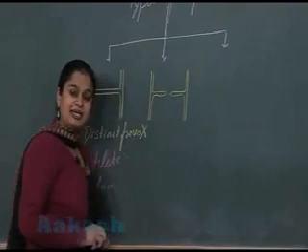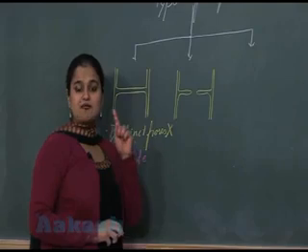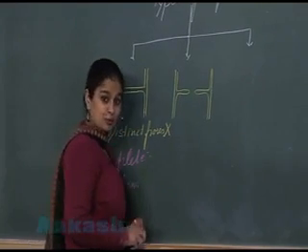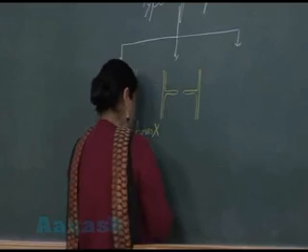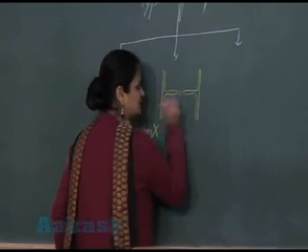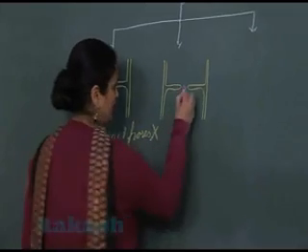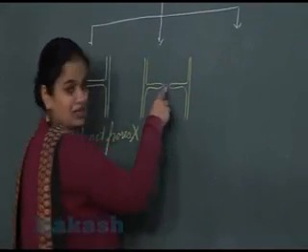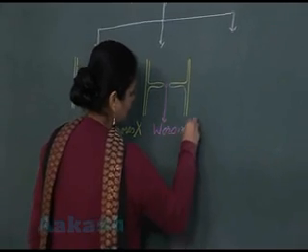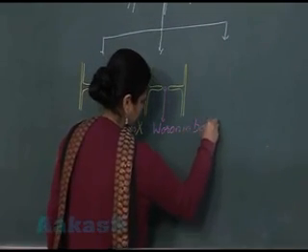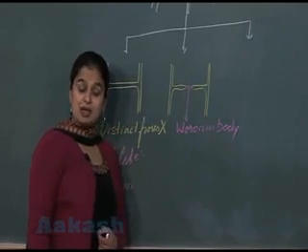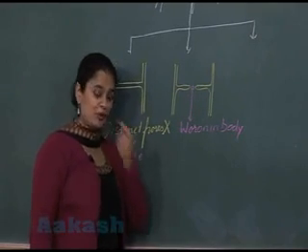Now you can see in the septa there is presence of one central pore, एक central pore present है, and this pore is blocked, it is plugged, some part of the pore is plugged with the help of this structure. This structure is known as Woronin body.